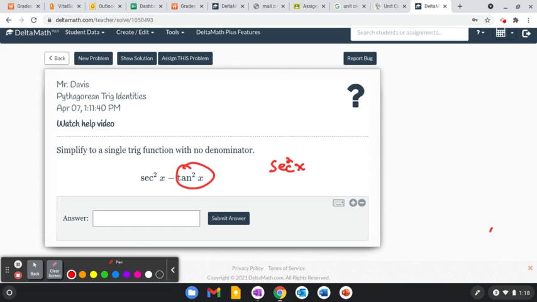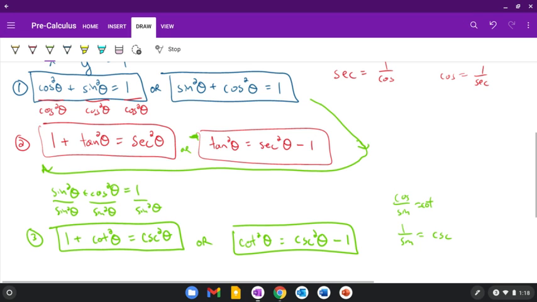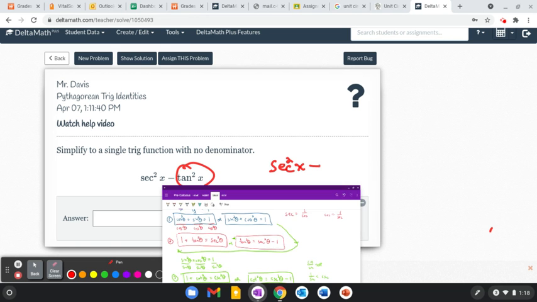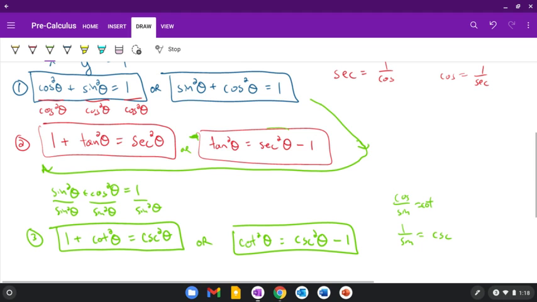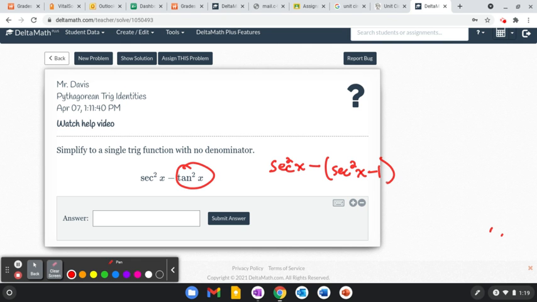Minus, and then again, we're going to replace tangent squared x with secant squared x minus 1. I just took that from right here. If you wanted to rewrite these using x instead of theta to make it less confusing, that's fine too. All I did was substitute it, and now you'll see a nice thing happens here.